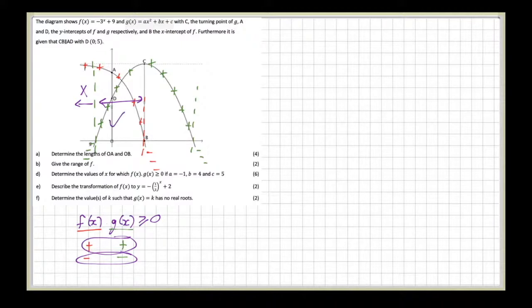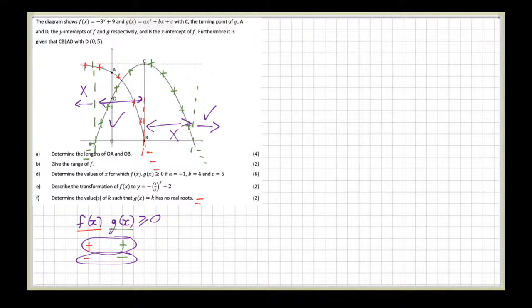Then between those two areas, I have a positive times a negative. Don't want that. And lastly, remember here my y values are very negative for the greens. So on the right-hand side of that x-intercept, I have a negative times a negative. So it's a positive.